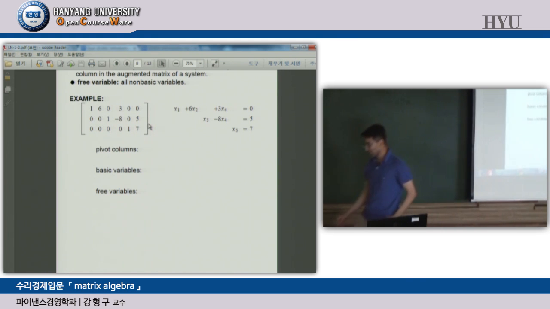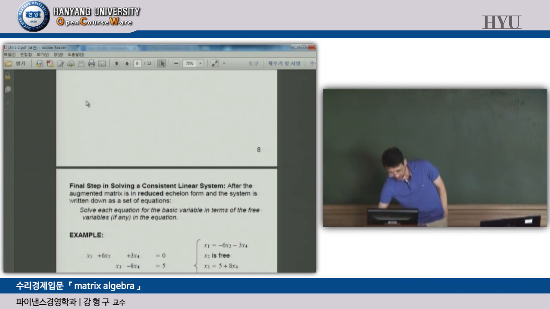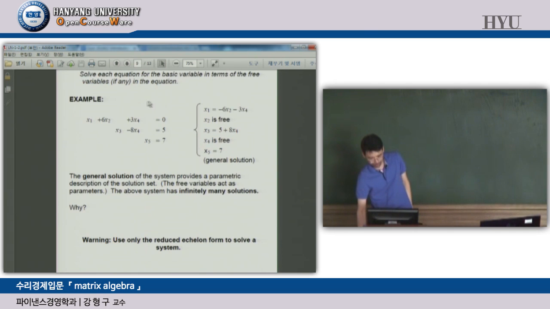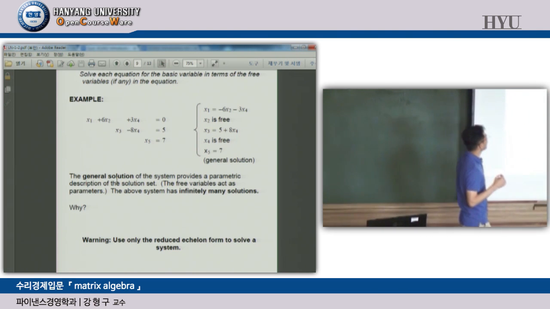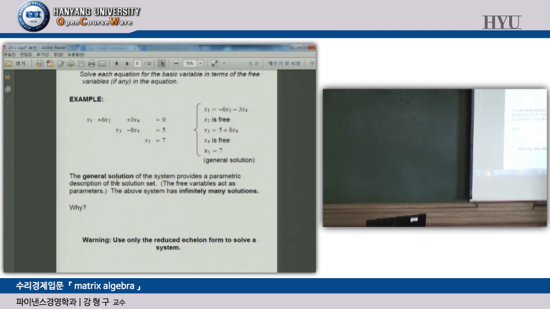Now the second one: if you want to solve this problem, you can move terms around. I want you to solve this in terms of x1, x2, x3, and you regard x4 as a free parameter.